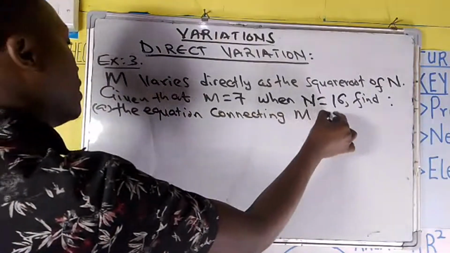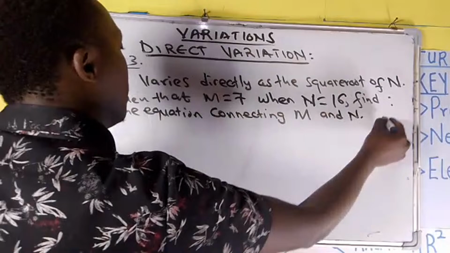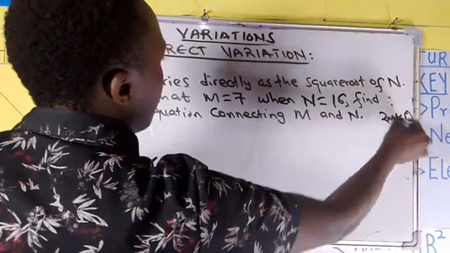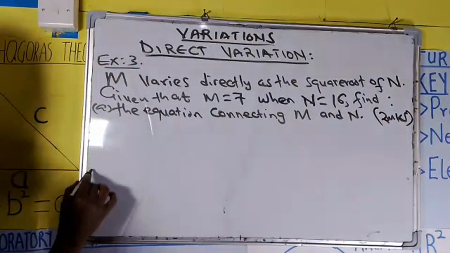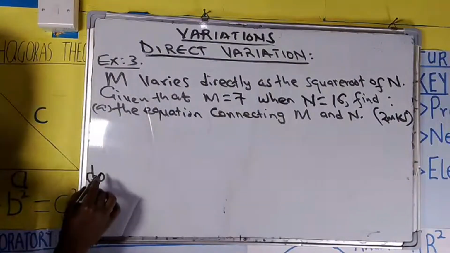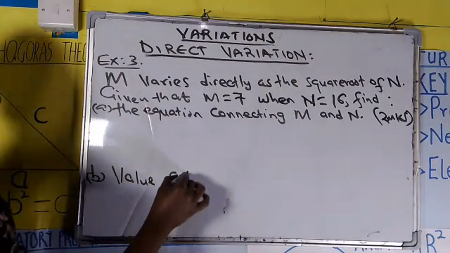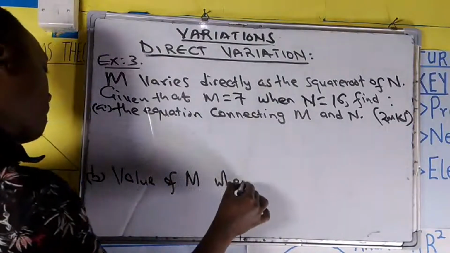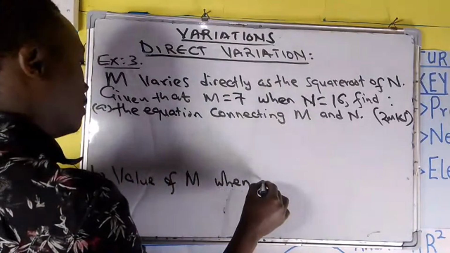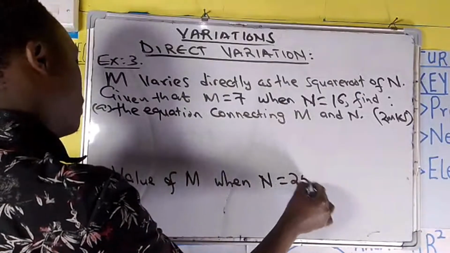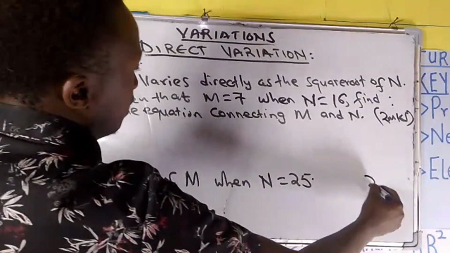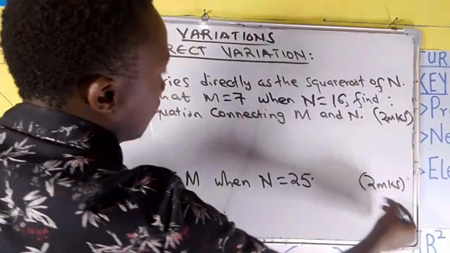The equation connecting m and n, 2 marks. And question B, the value of m when n is equal to 25.